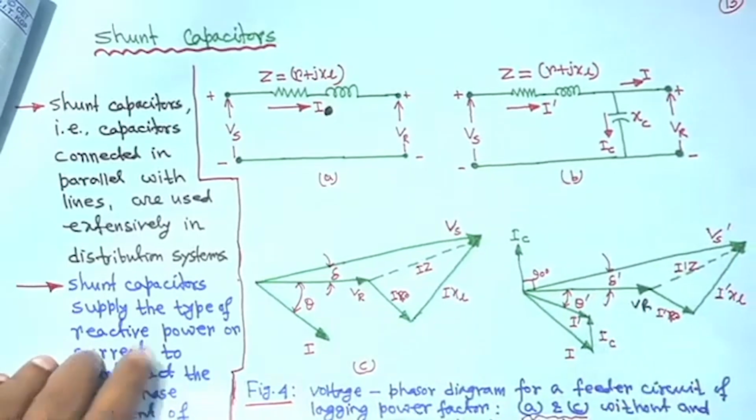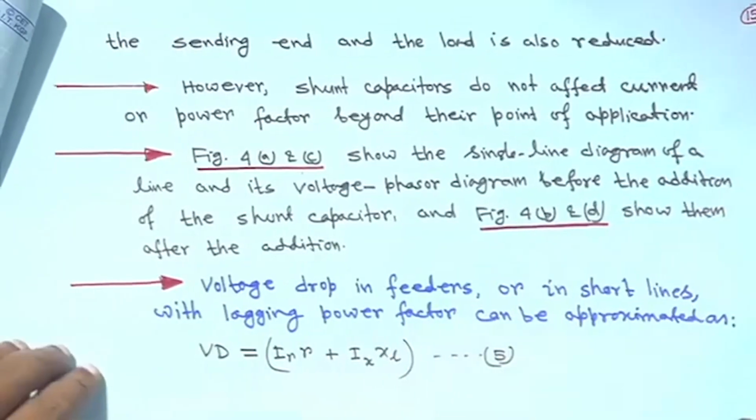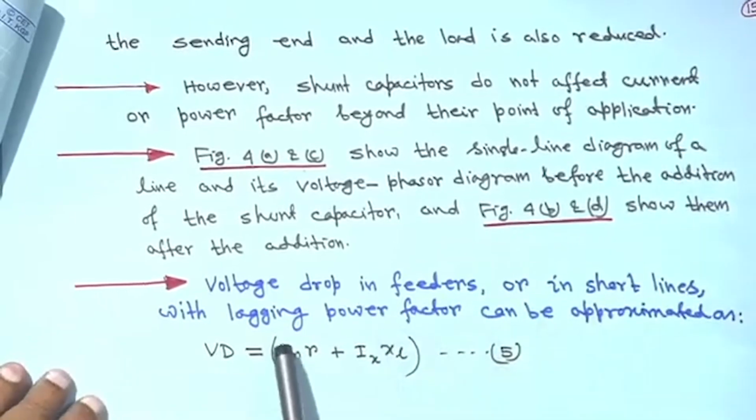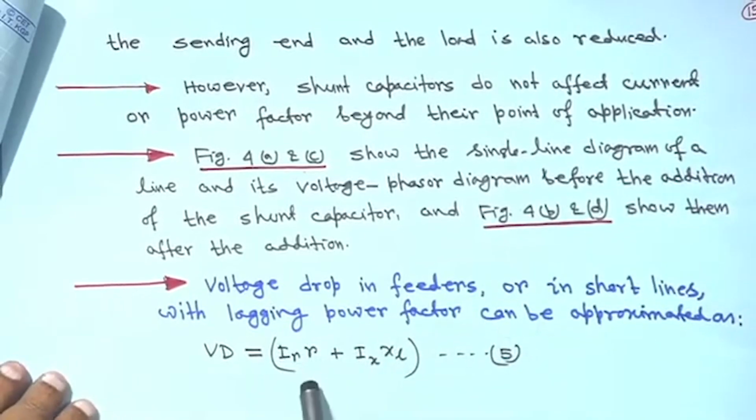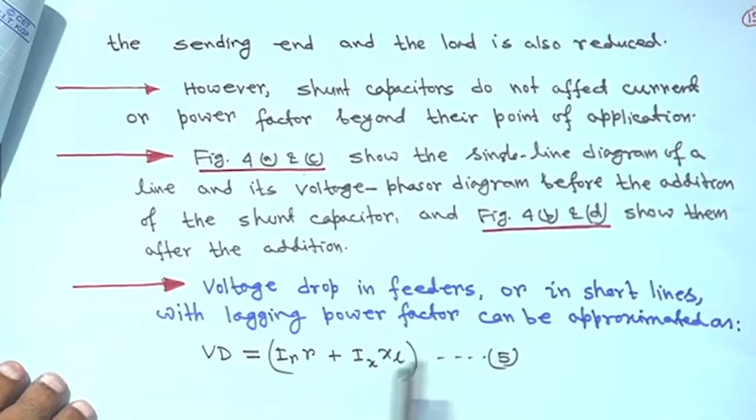All I have explained. So, the voltage drop in feeders or in short lines with lagging power factor can be approximated as IR into R plus IX into XL.